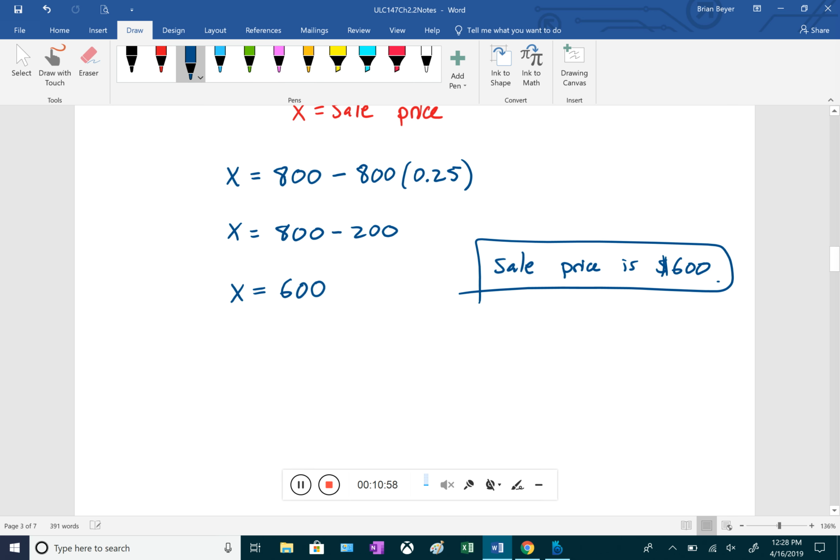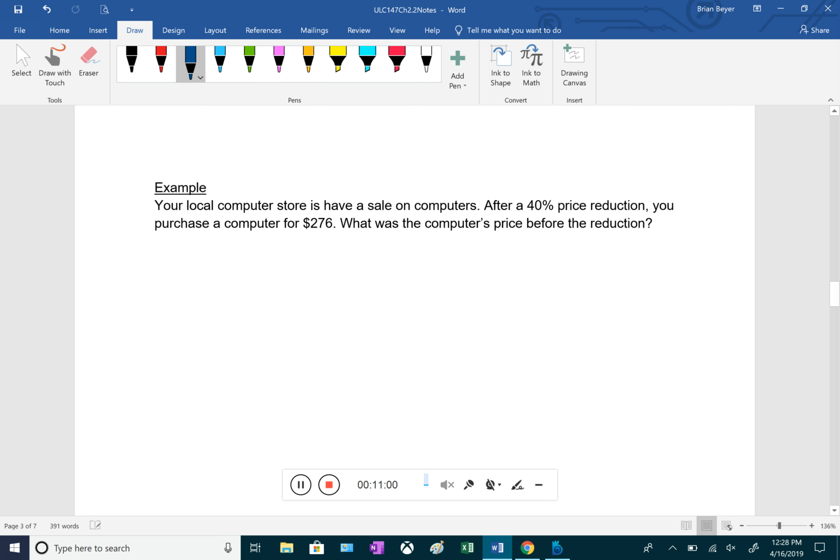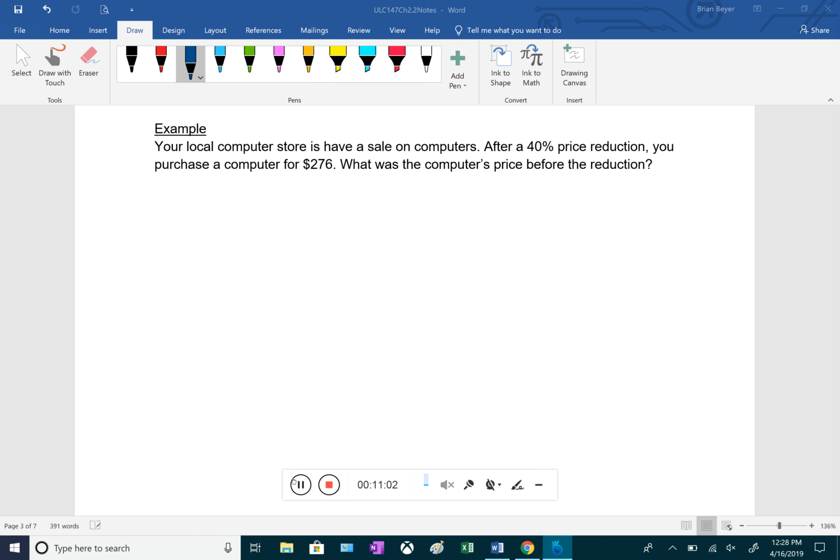Okay, so for the next one, your local computer store is having a sale on computers. After a 40% price reduction, you purchase a computer for $276. You want to know the computer's price before the reduction. So now we are looking for the original price.